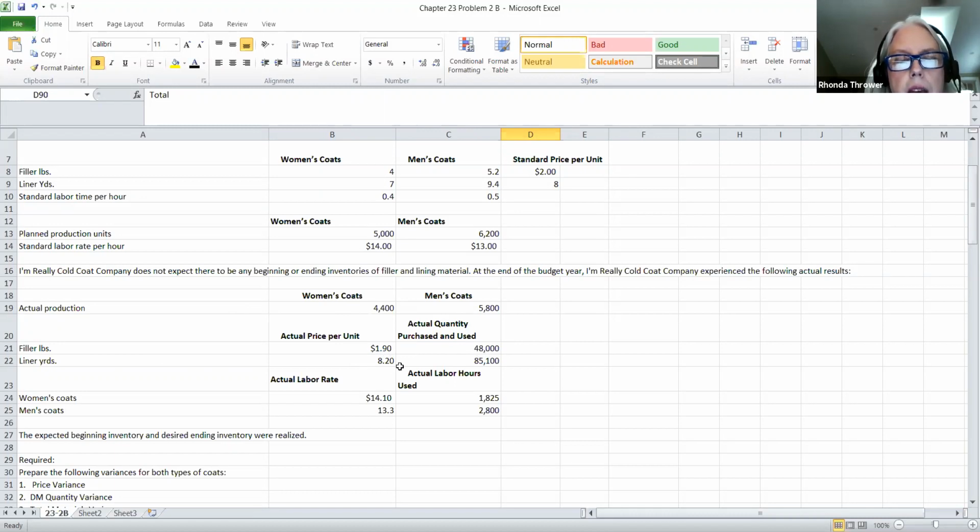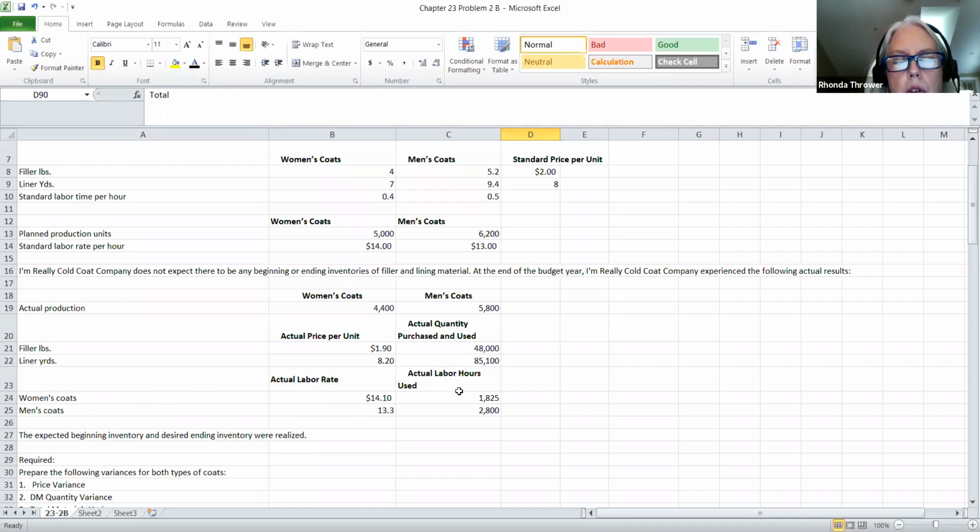For the liner, the actual price of the liner per yard is $8.20. The actual amount of liner purchased and used was 85,100 yards. The actual labor rate for women's coats was $14.10, and for men's coats, it was $13.30.